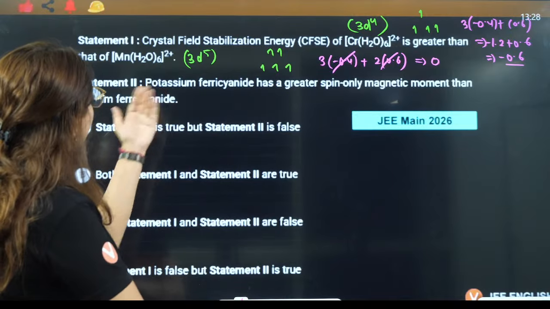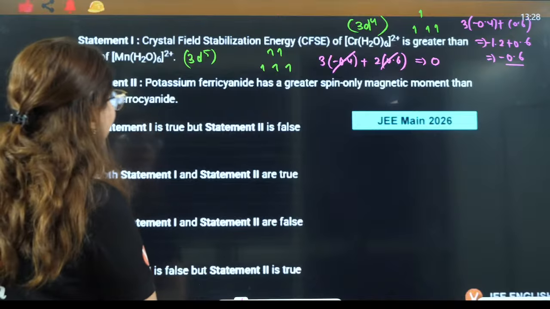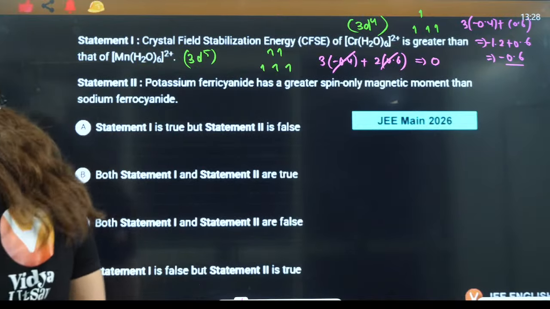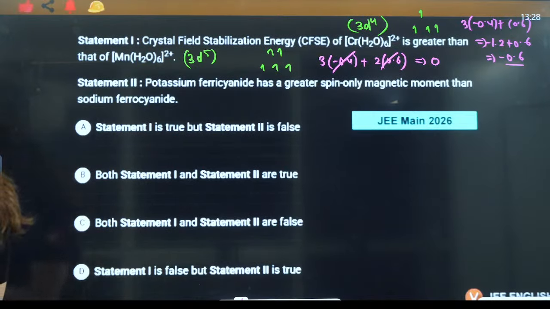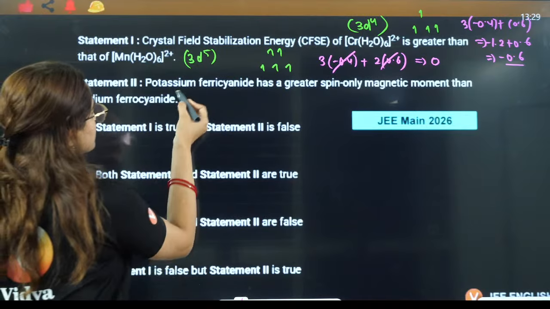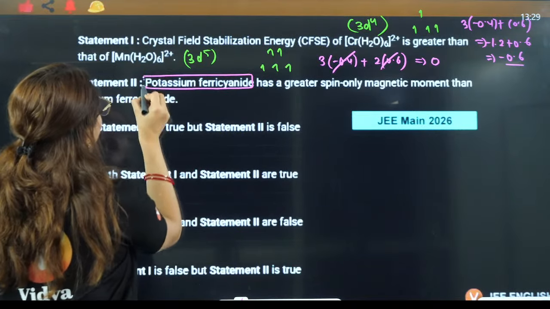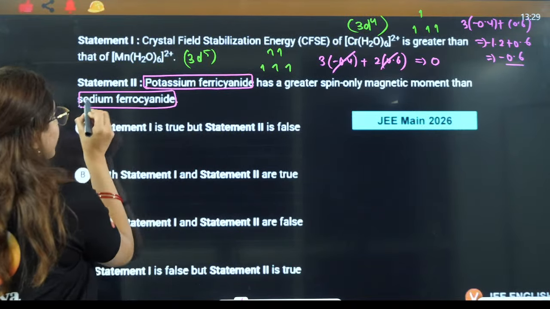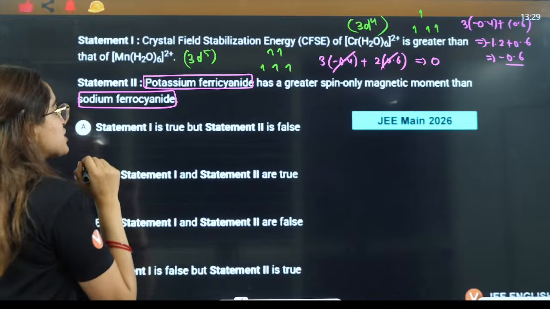Now what about this one? Potassium ferricyanide has a greater spin only magnetic moment. Yes, everybody, tell me. Now consider this. Potassium ferricyanide, and this is sodium ferrocyanide.